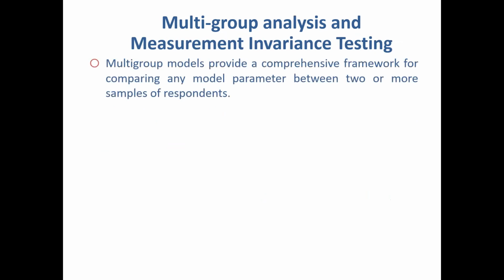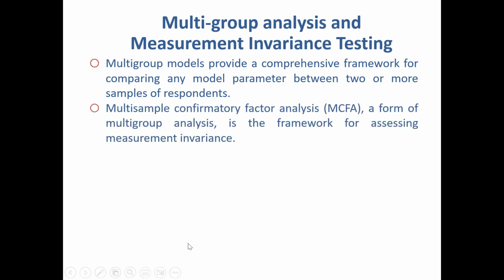Moderators are generally categorical variables like gender, age groups, or groups which are low and high. In a multi-group model, the model is same, but you are testing whether the model behaves differently for the two groups or two samples.